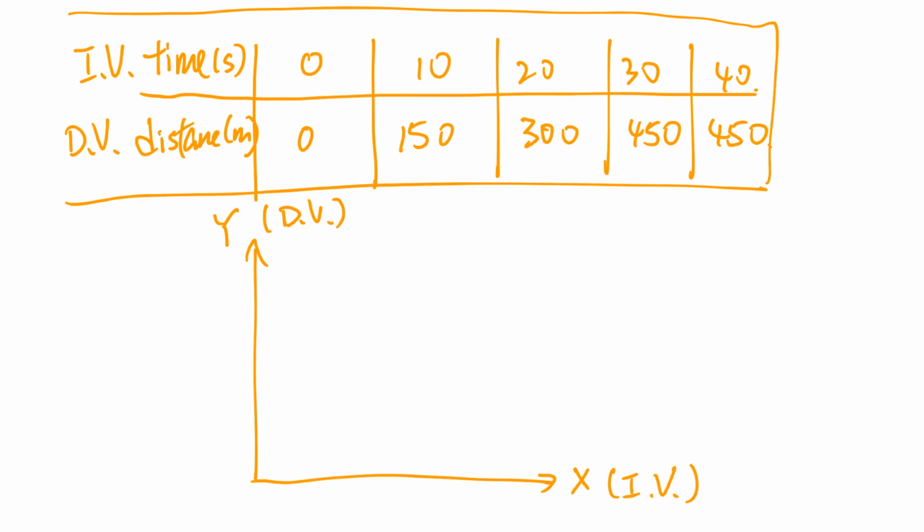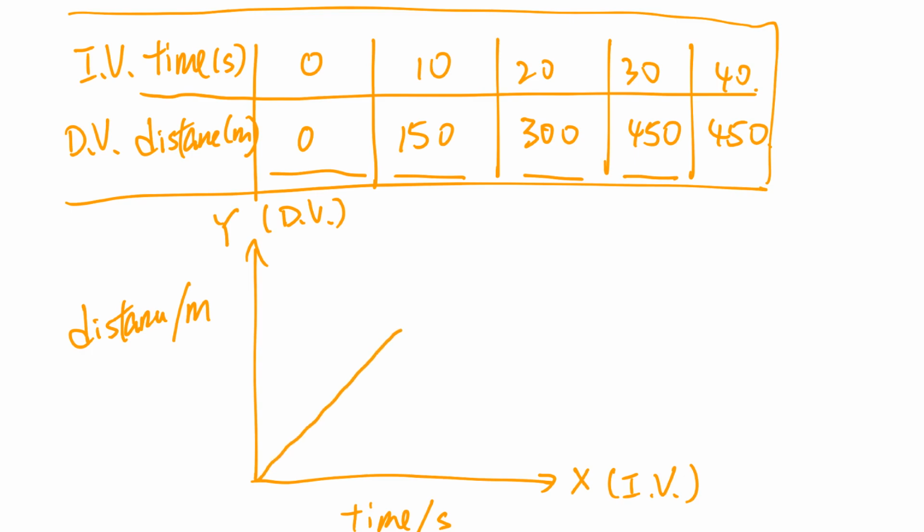The independent variable this time is the time, and the unit for it is seconds. The distance will be on the y-axis, with meters as the unit. Roughly, we'll find that for the first 20 seconds it goes up like this, and then starting from 30 seconds it goes horizontal. Roughly the graph has to be like this.